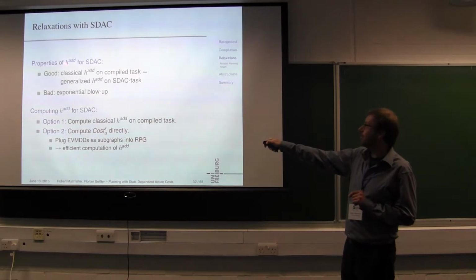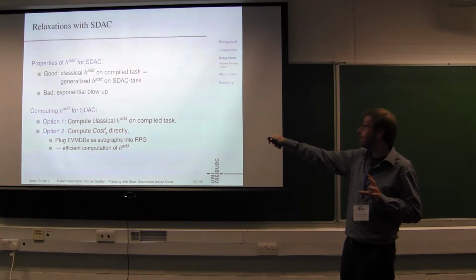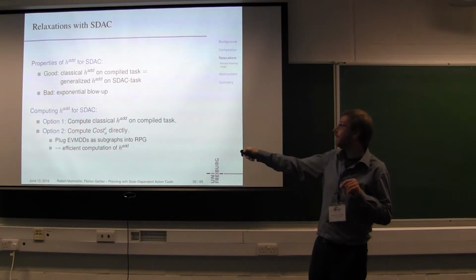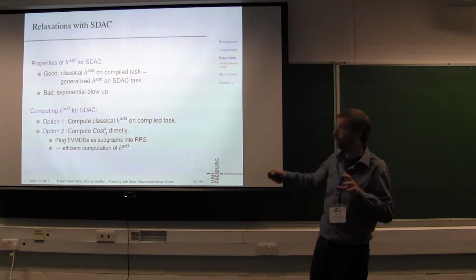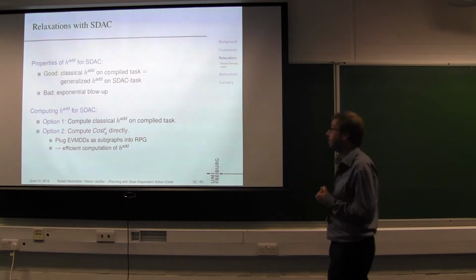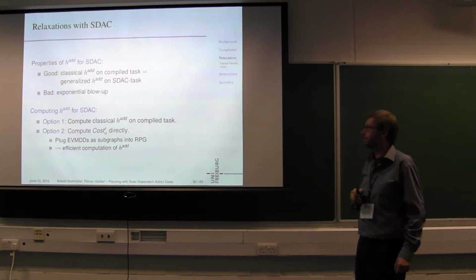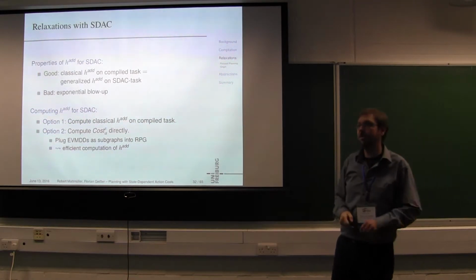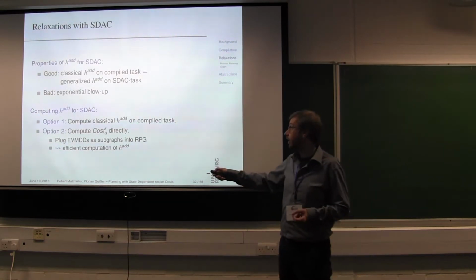Namely, if you run the classical, well-known additive heuristic on a compiled task, and with compiled I mean either compilation 1 or 3, that works both, then you get the same value you would get by running this generalized additive heuristic, or computing this generalized additive heuristic on the original task with state-dependent costs. Okay, but this already suggests two possibilities. Either we compile away state-dependent costs and run classical h@ on it, or we try to compute it directly.